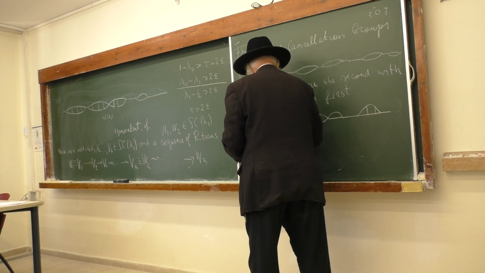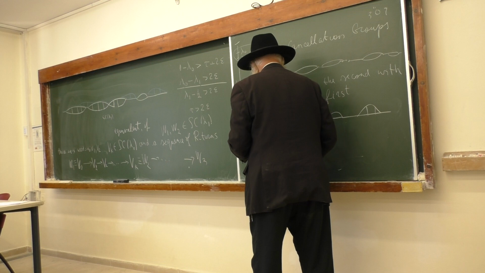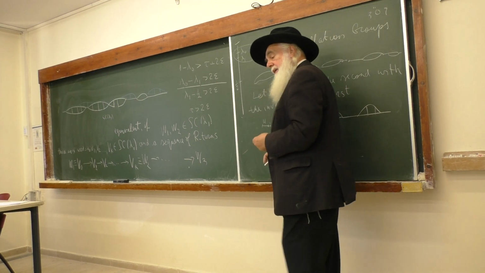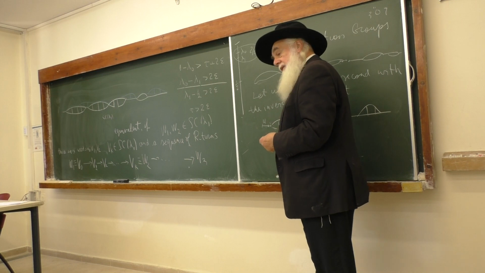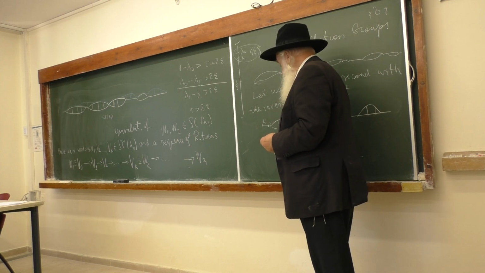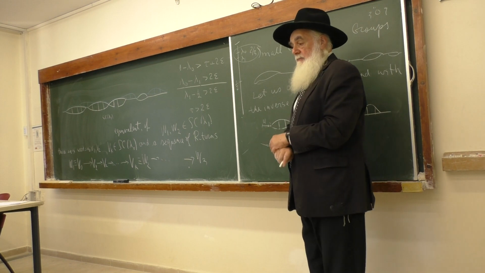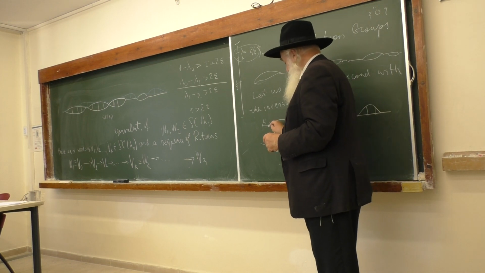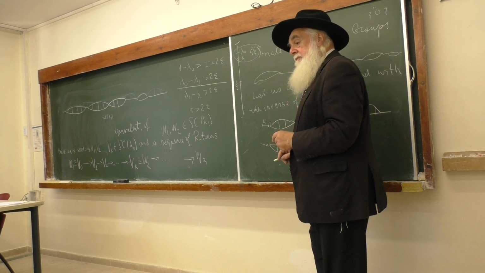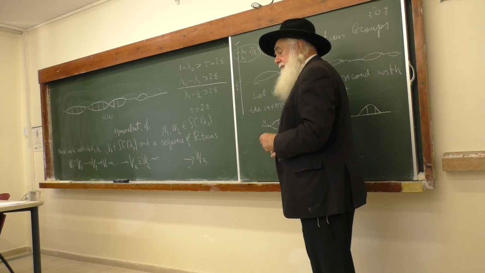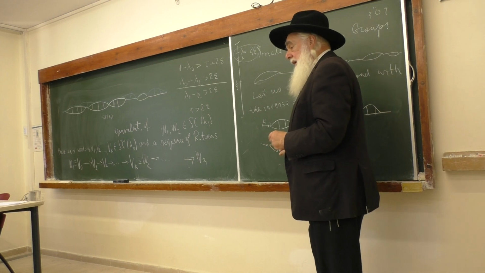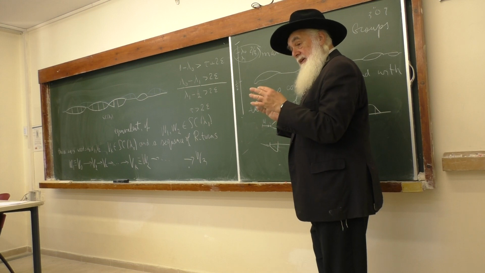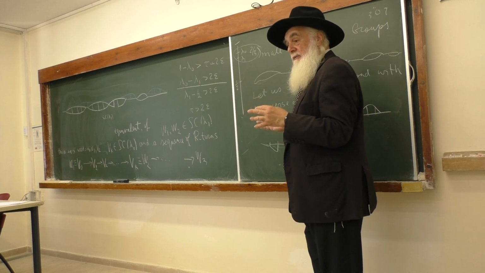Then, when we have here this cell, the possibilities are: maybe there is no cell here, or there is a cell here. If it is a cell, it must be the same cell, because this part should in any case be bigger than 1 minus lambda 1 minus 2 epsilon, which is much bigger than epsilon.